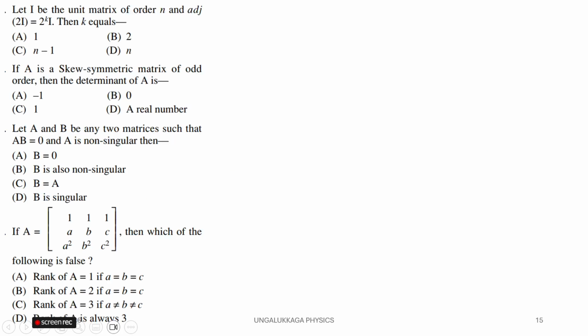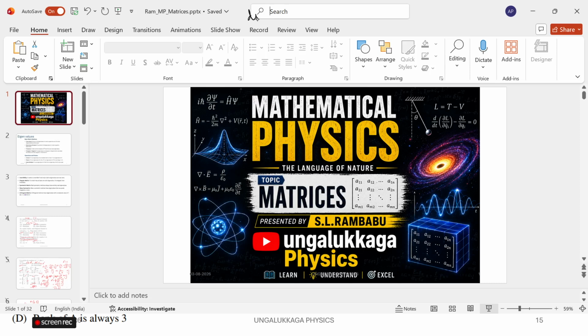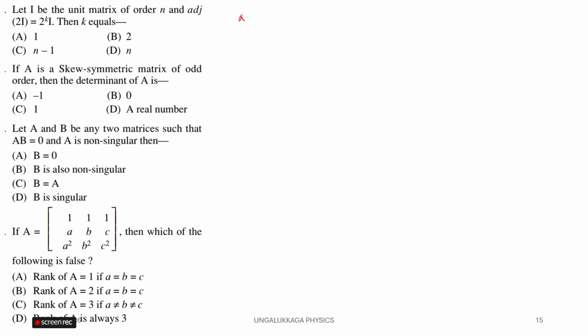Let I be the unit matrix of order n, then the adjoint of 2I is equal to 2 to the power n minus 1 times the adjoint of I. We have a property: the adjoint of cA, where c is some constant, is c to the power n minus 1 times the adjoint of A. So this is how the property goes.